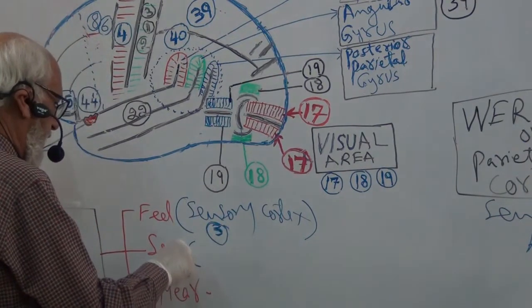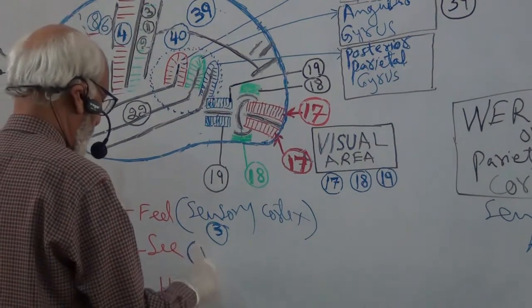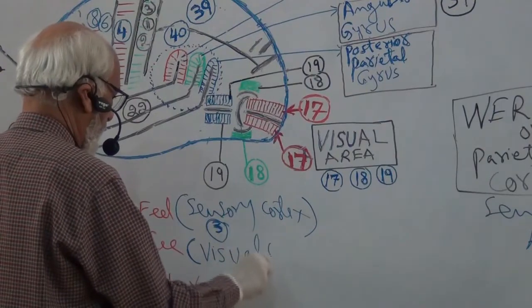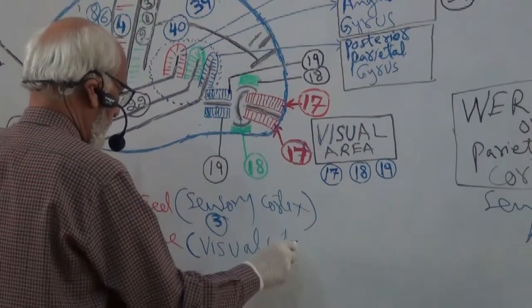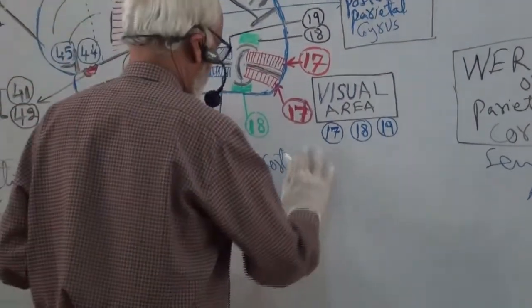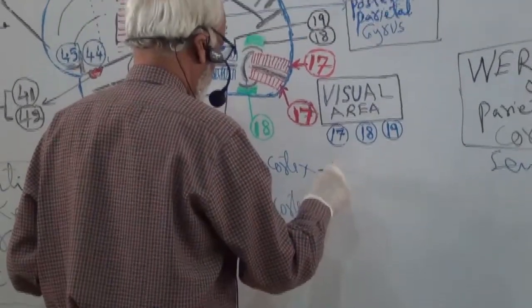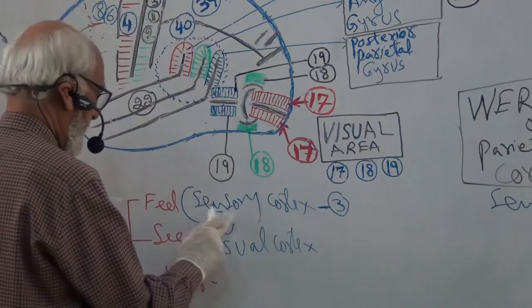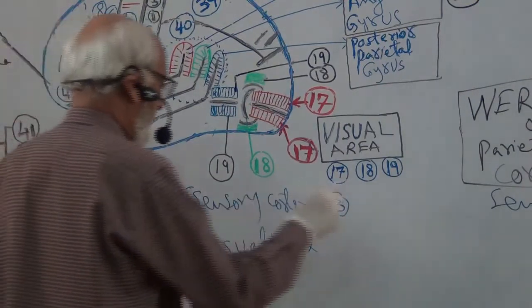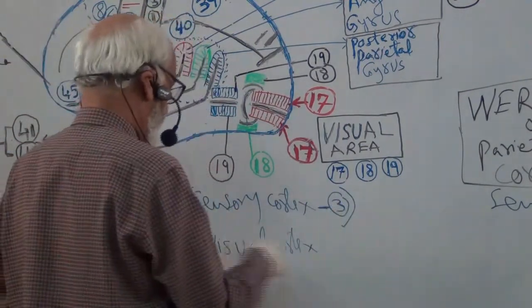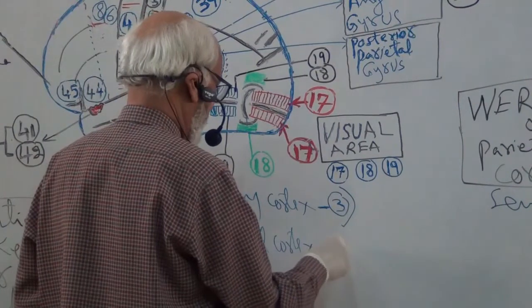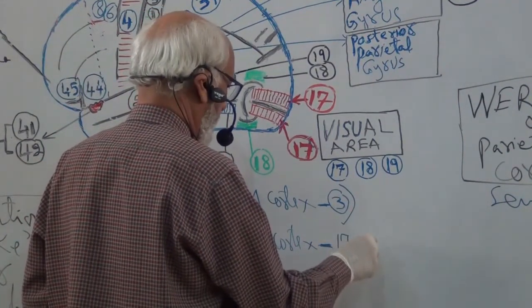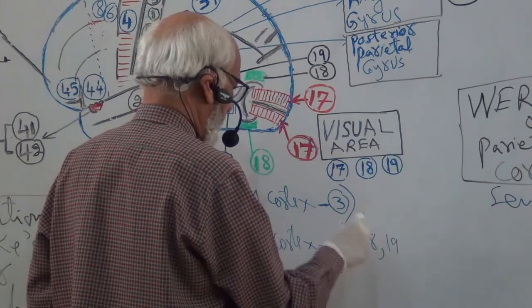And one has to see: the visual cortex, Brodmann area 17, 18, 19.